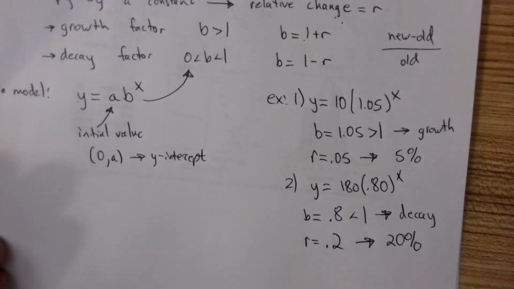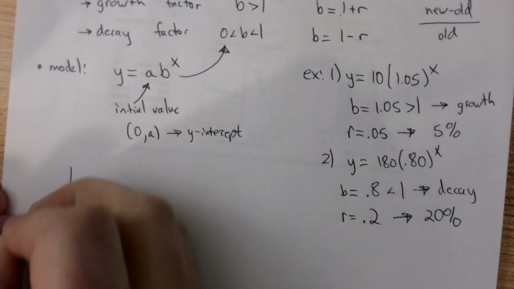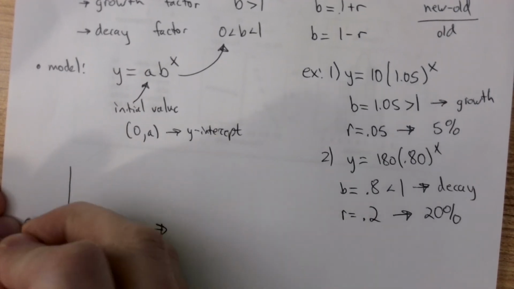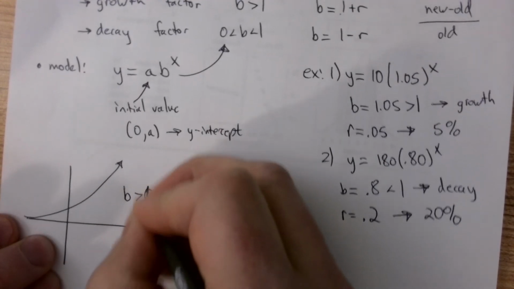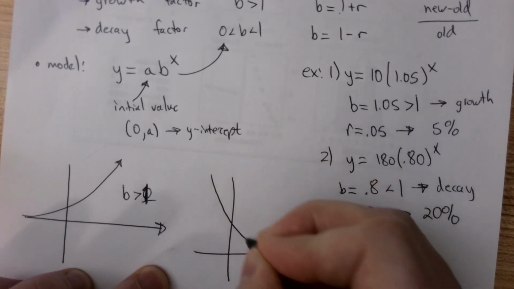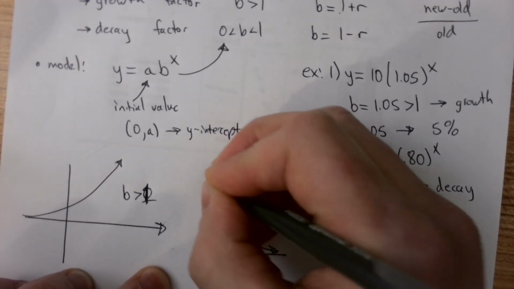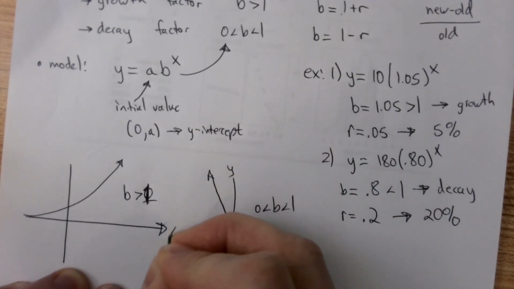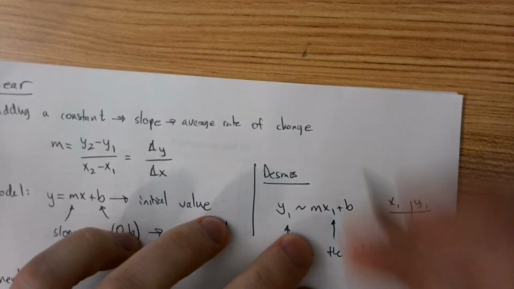One last thing I should have shown for these is the graphs for both linear and exponential. So an exponential graph looks like this. This is a growth function, b greater than 1. And a decay function looks like this. So this is a b value between 0 and 1. And we should label the x and y axes here as well. And then the linear stuff, go back up there and quickly draw those graphs.